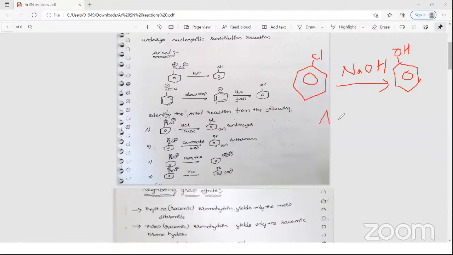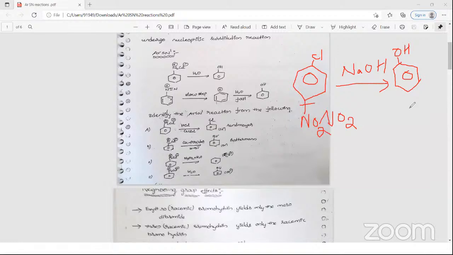Okay, and another one is, especially in such compounds, if an electron withdrawing group is there. What is the purpose of this electron withdrawing group? It is called a deactivating group. For example, para-nitro is there, or para-chloronitrobenzene. This nitro group is going to stabilize this charge. We are seeing nucleophilic substitution reactions.